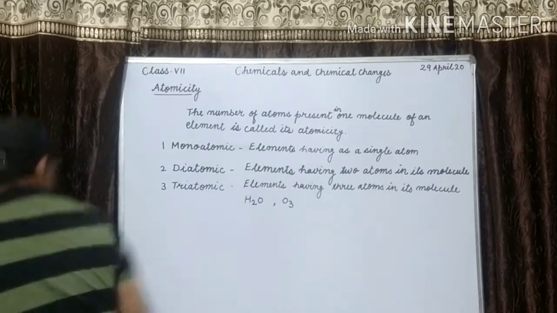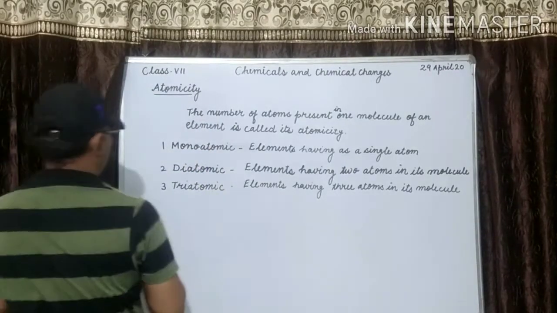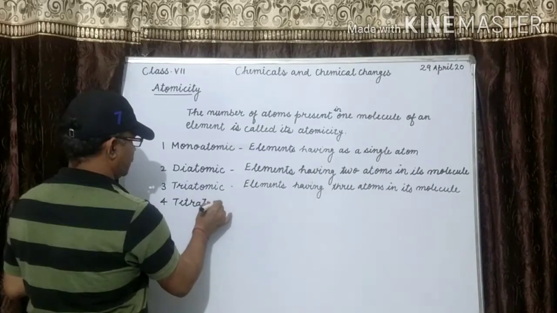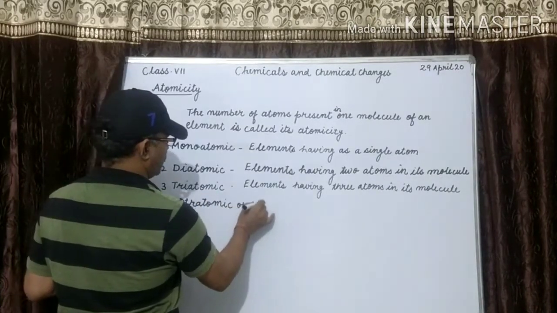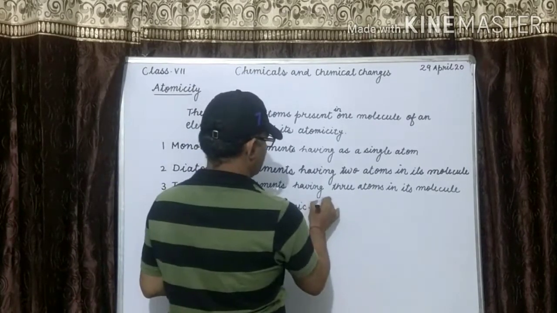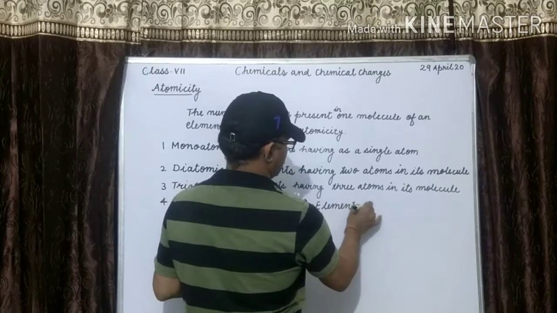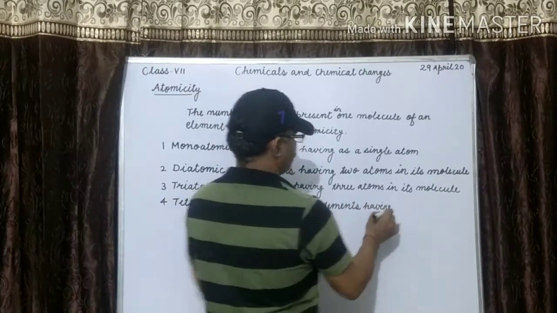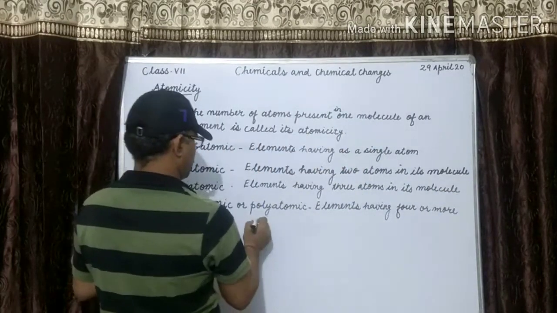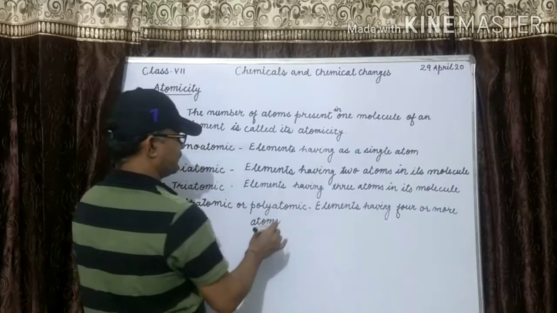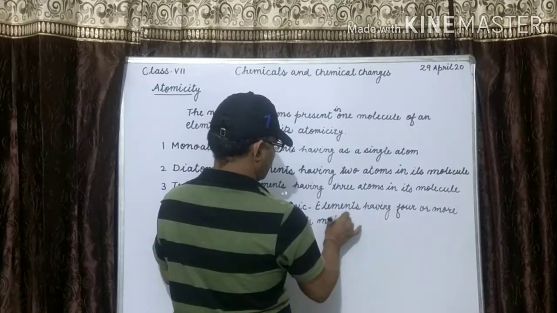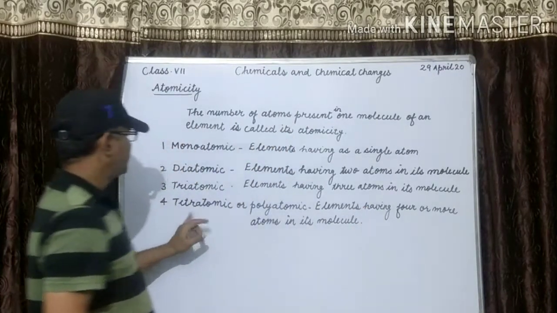Next is tetraatomic or polyatomic. Elements having 4 or more atoms in their molecule are called tetraatomic.